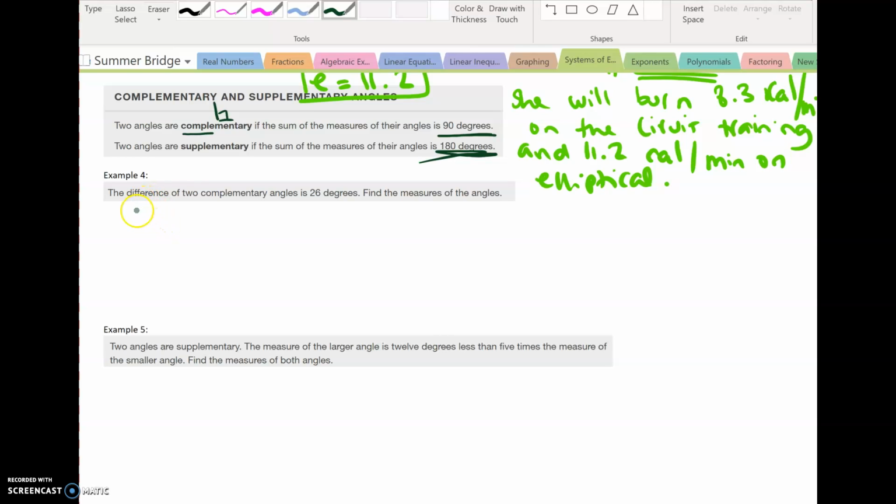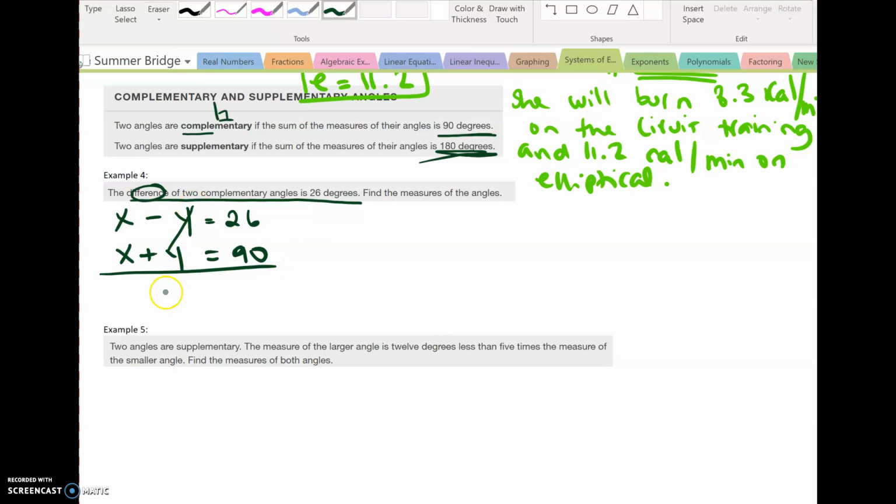So I have the difference of two complementary angles is 26 degrees. So if I have one angle being X and the other angle being Y, I know that the difference, meaning subtraction, is going to be 26. I also know if I were to add them, that's going to equal 90 degrees. So guess what? I have a positive, I have a negative. I can actually add them together. Those two would cancel.